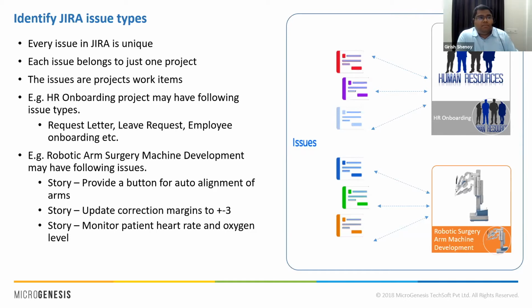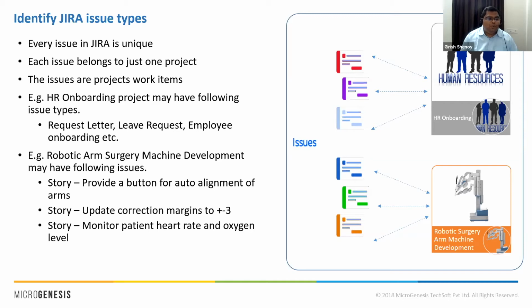So you can have all these types of issue types. Every issue is unique in Jira. Each issue belongs to just one project. An issue will have an issue key, which is an identity showing which project that issue belongs to. Issues are project work items. I already touched on the different issue types that you can relate to.